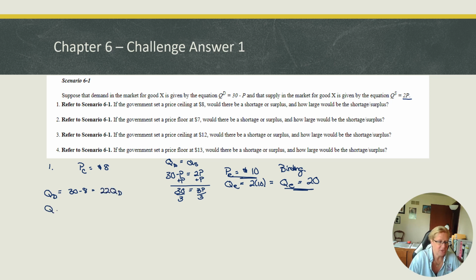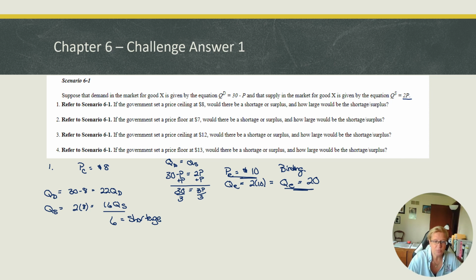The quantity supplied is going to be 2P, or 2 times the 8, which is 16. So that gives us a difference of 6. And because the quantity supplied is less than the quantity demanded, this is going to be a shortage.